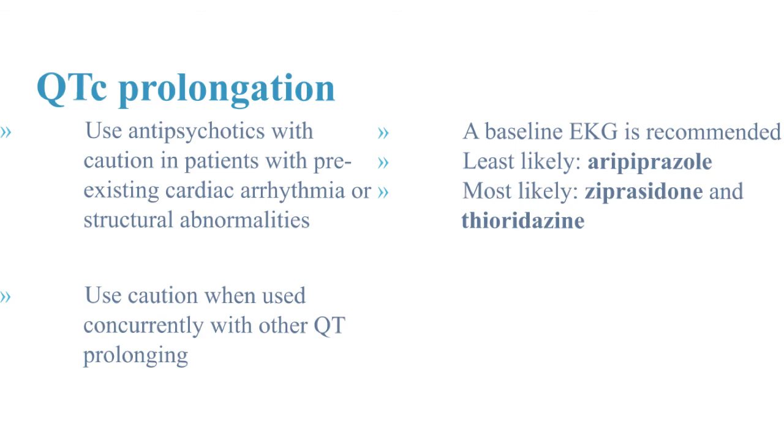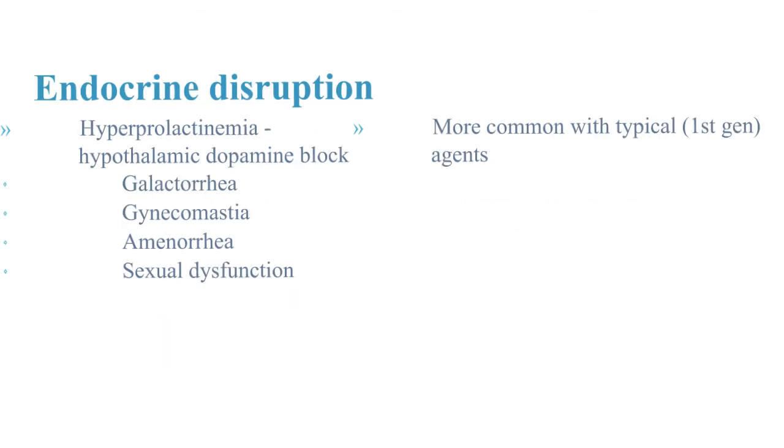We should always get a baseline EKG when we are starting an antipsychotic medication on a patient. The least likely to cause this is aripiprazole, and the most likely agents to cause QT prolongation are ziprasidone and thioridazine.